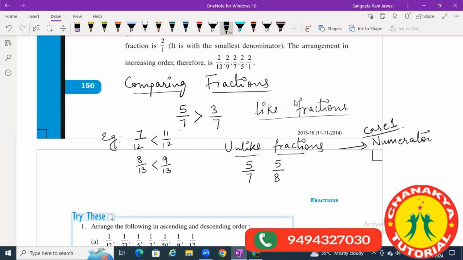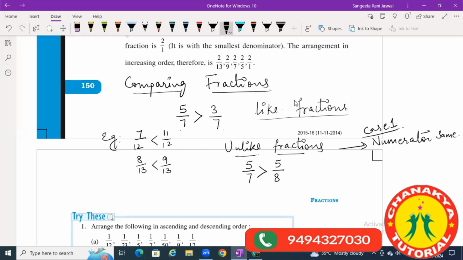In this case, what will I do? The fraction with the smaller denominator. Which fraction has a smaller denominator? 5 by 7. So, the fraction with the smaller denominator is greater.